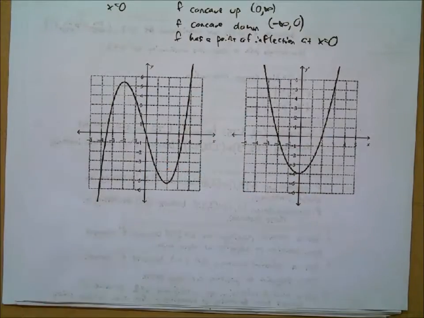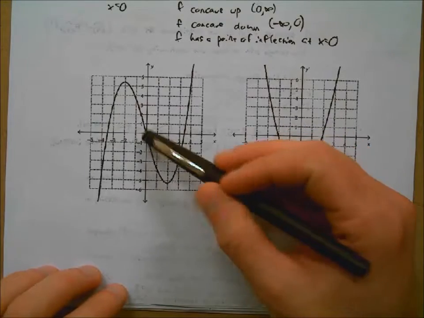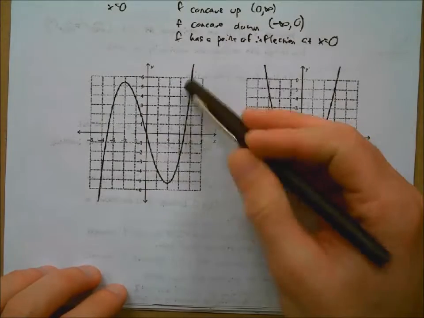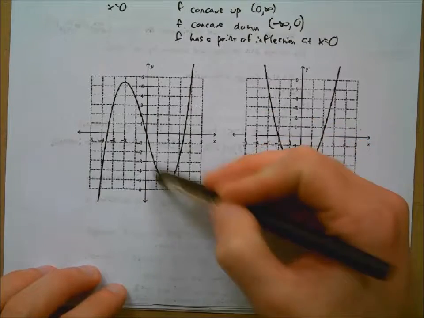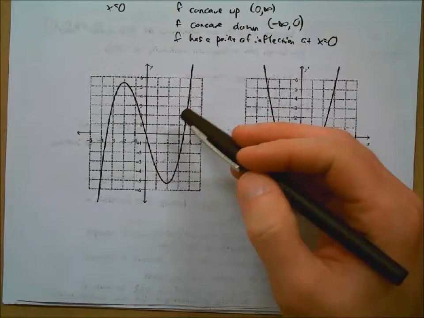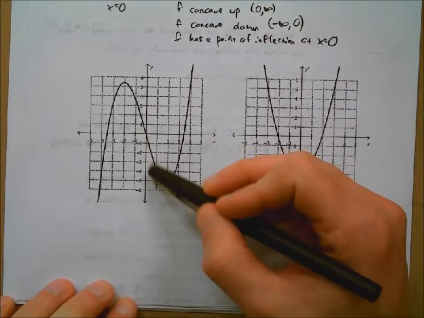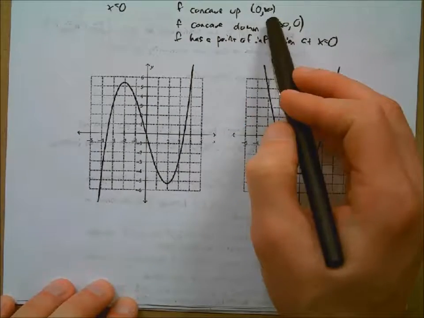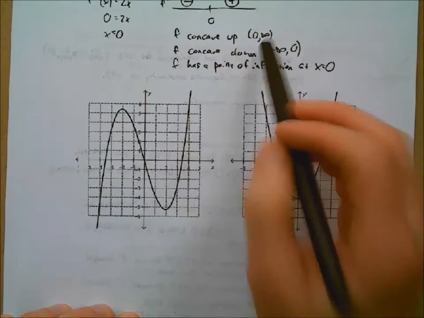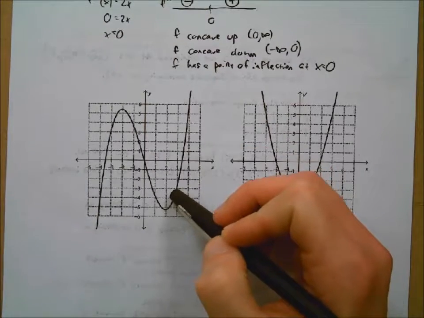But another way to think about it too is that if you were to graph a tangent line to any point of the graph in this interval here, the graph would be above the tangent line, right? Any tangent line that you drew in this interval from 0 to infinity where f is concave up, the function would be above the tangent line.